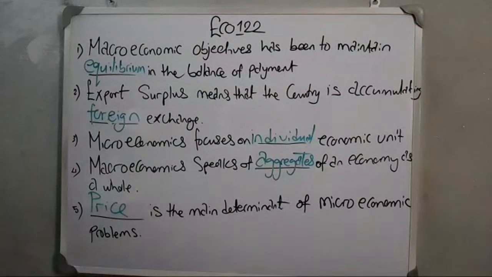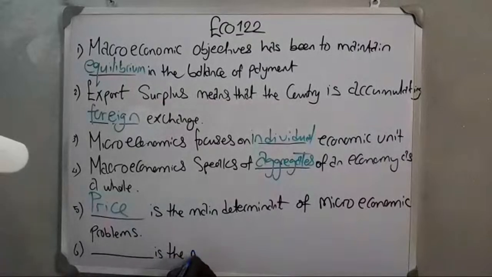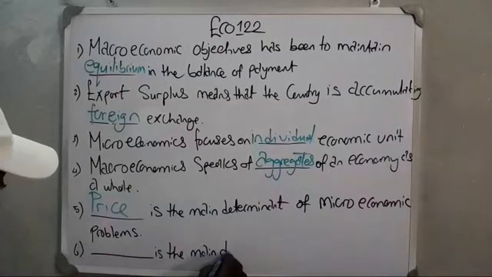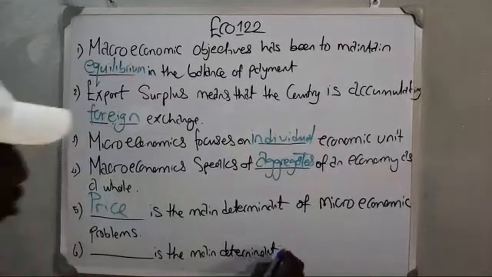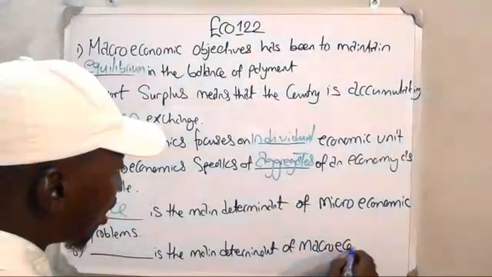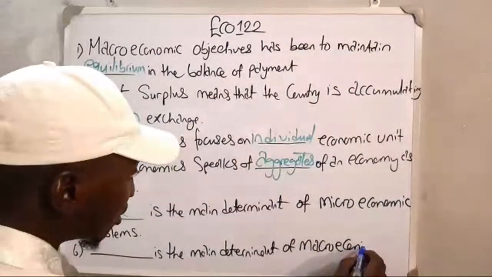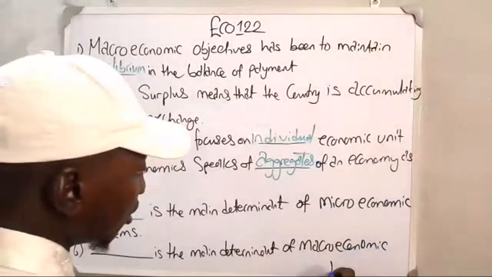Now in line with that, we have question 6. Dash is the main determinant of macroeconomic problems.